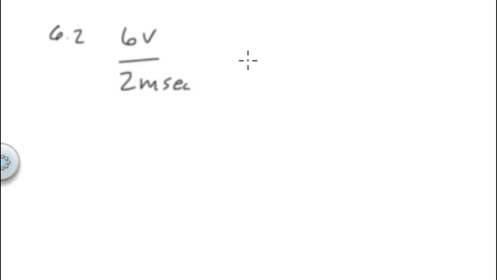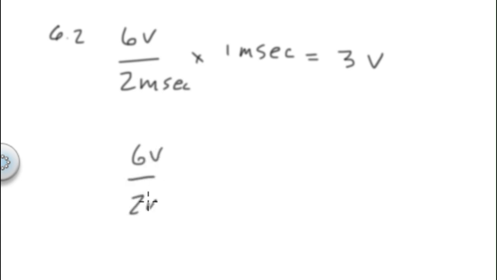So what would it be in 1 millisecond? Well, it's 6 divided by 2, or 3 volts. And at 10 milliseconds, 6 volts in 2 milliseconds times 10 milliseconds is equal to 60 divided by 2, or 30 volts.